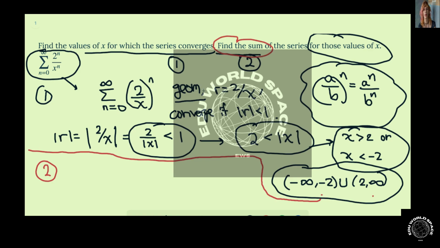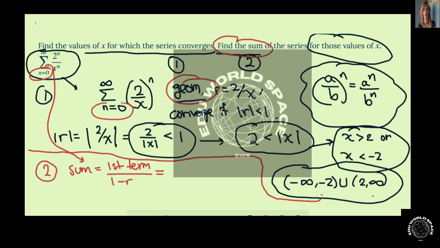So since this is geometric, the formula for the sum is always the first term over 1 minus r, the common ratio. The first term here happens when you plug in n equals 0.